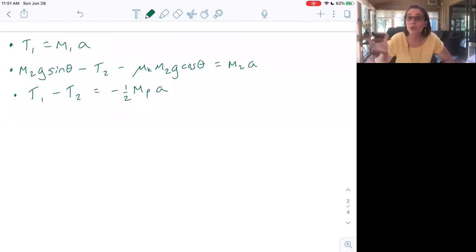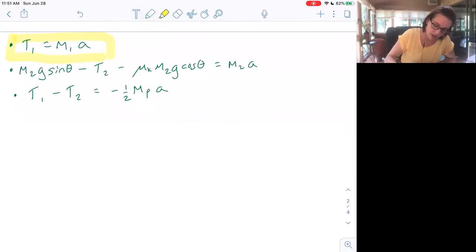What I'd want to do is solve it, by eliminating T1, T2, and then solve for a. So there's a lot of different ways for solving these equations. One way is to just solve your linear equations. Put T1 equals and then T2 equals and then plug it into your pulley equation. So that's what I'm going to do. This one is already written in that format. And so I'm going to then rewrite the second one as T2 equals.